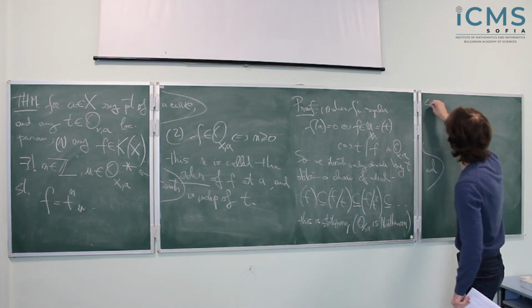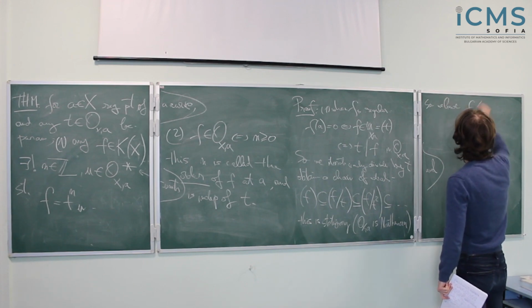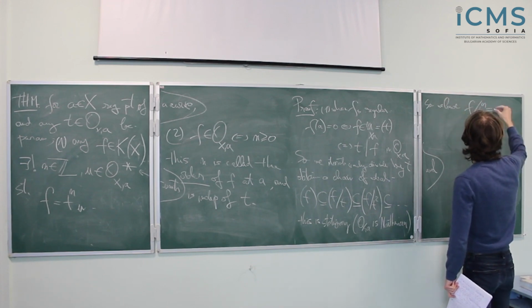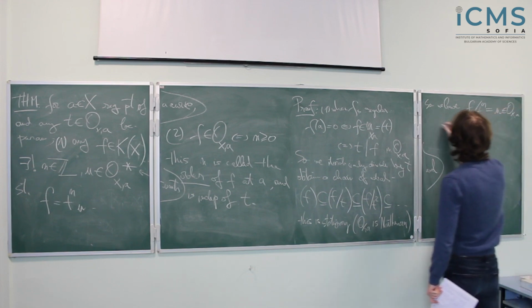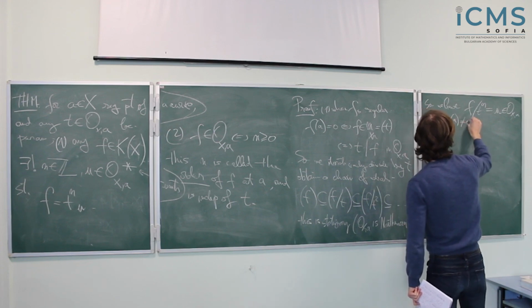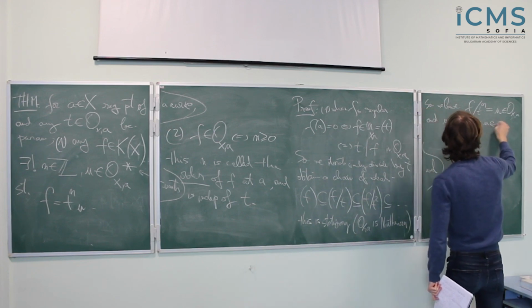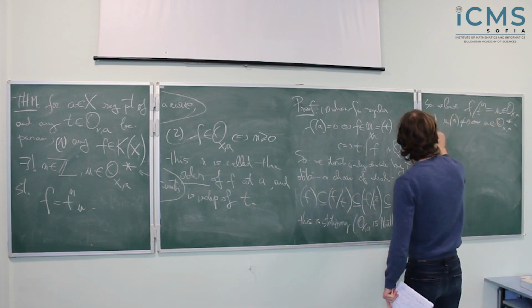So we have f over t^n, which is equal to u in O_{X,A}, and u(A) is not equal to 0.